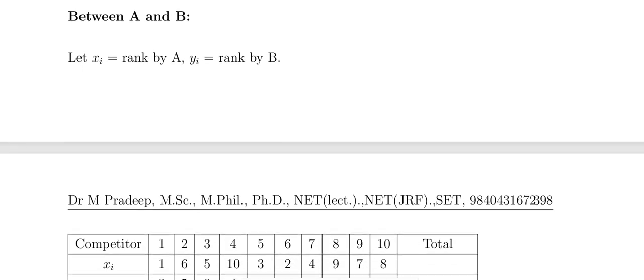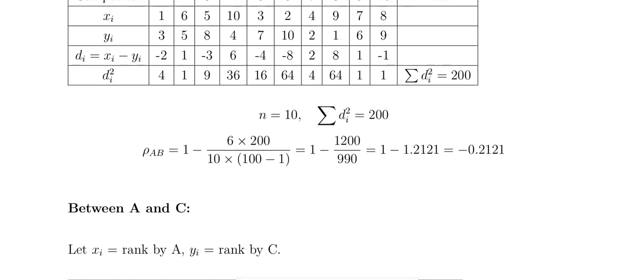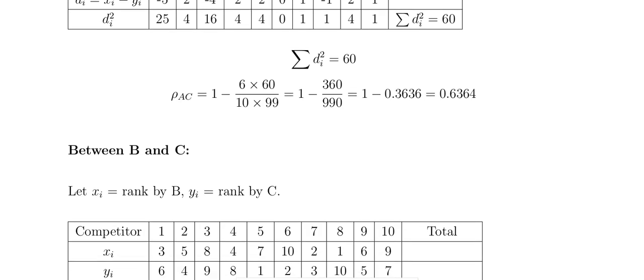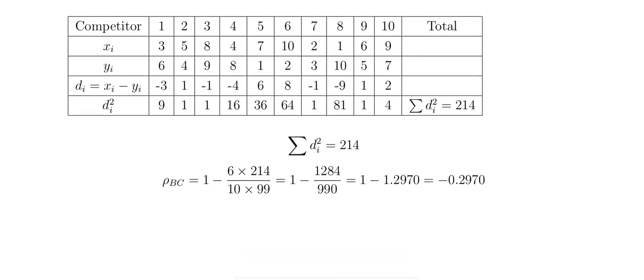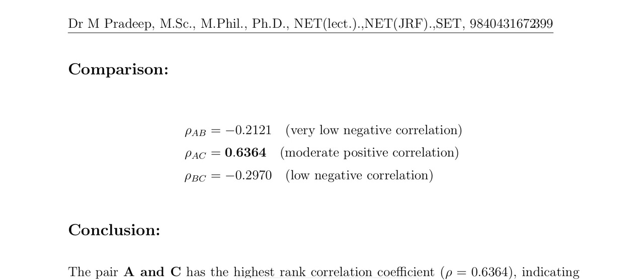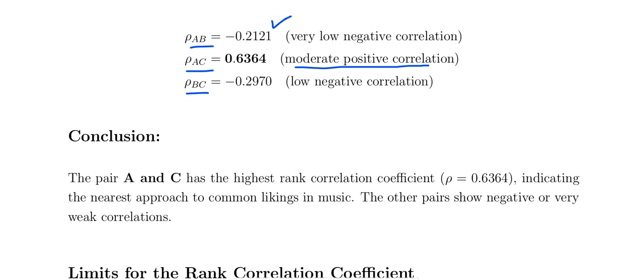We find the rank correlation between A and B, between A and C, and between B and C. This is the rank correlation between A and B, this is A and C, and this is B and C. This is a moderate positive correlation. So the conclusion is that pair AC has the highest rank correlation coefficient, indicating the nearest approach to common liking in music.